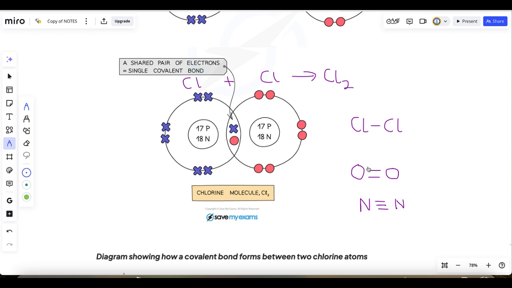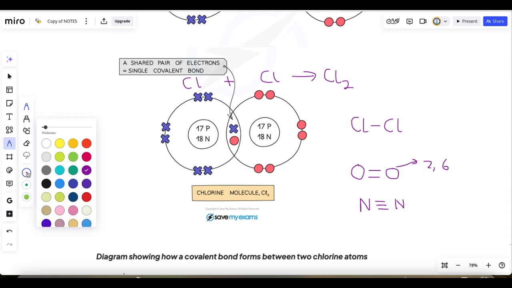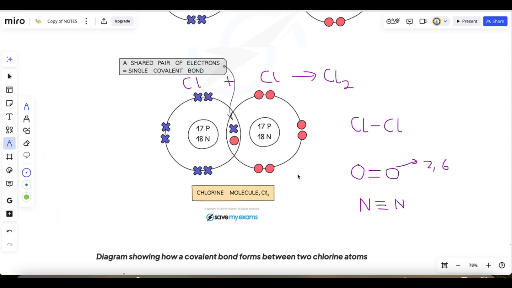In the case of oxygen, oxygen is 2,6, right? One atom of oxygen has electronic configuration of 2,6. The first shell has 2 electrons, the second shell has 6 electrons, for this one atom of oxygen. For the second atom of oxygen, the dynamic changes a little bit.